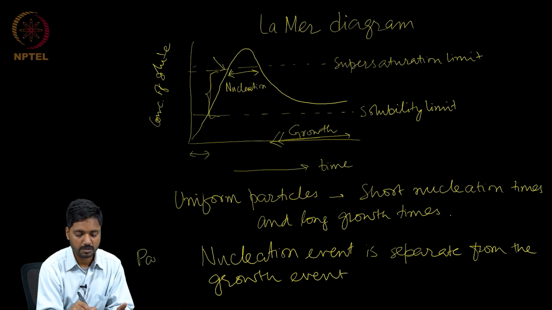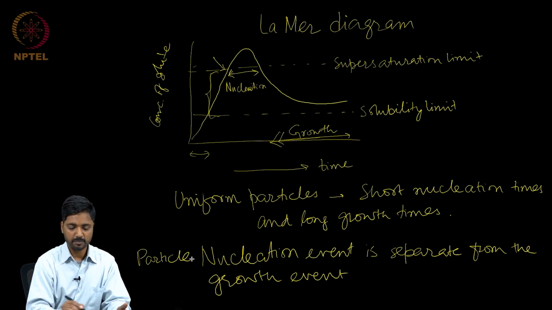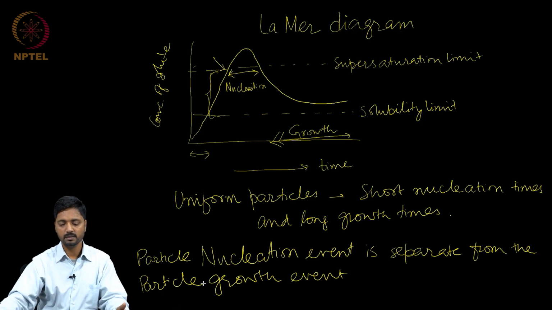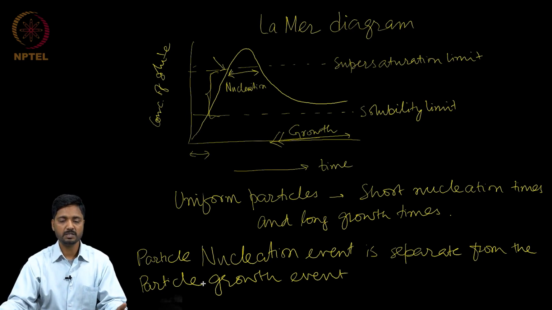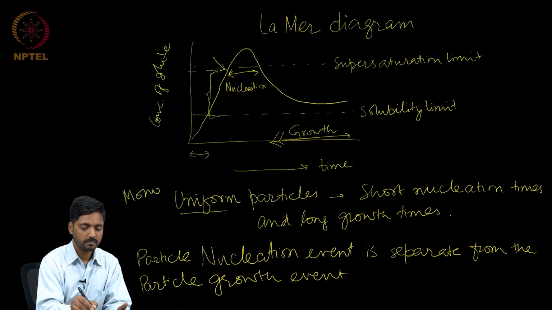So, we can also rewrite it as: the particle nucleation event is separate from the particle growth event. These two need to be separate for achieving uniform or monodisperse particles.